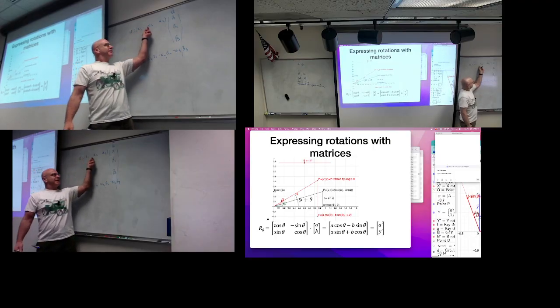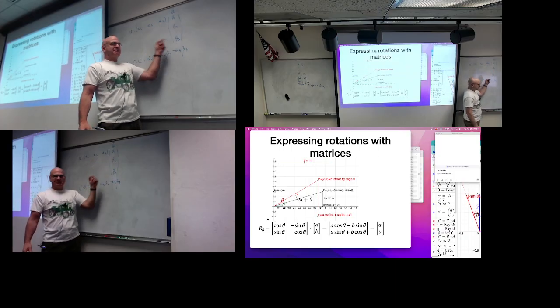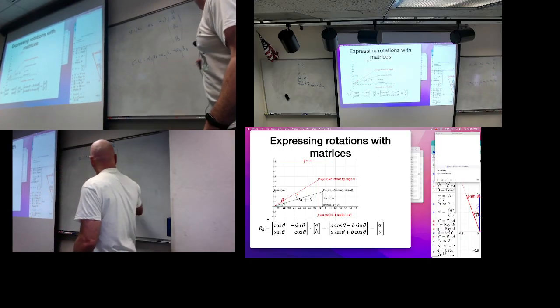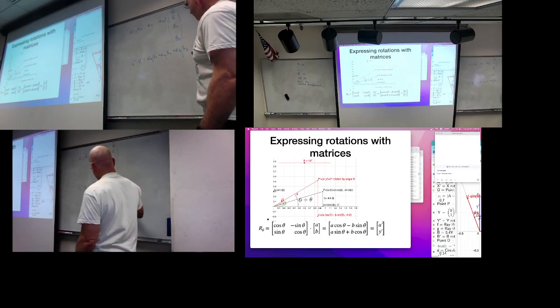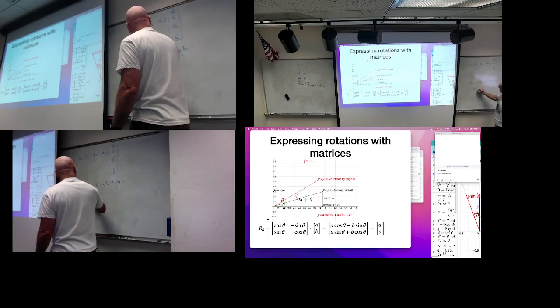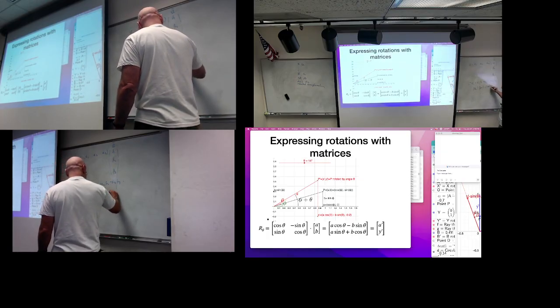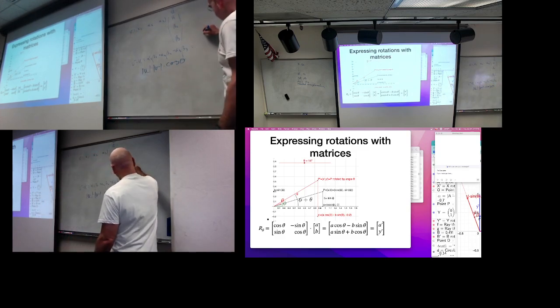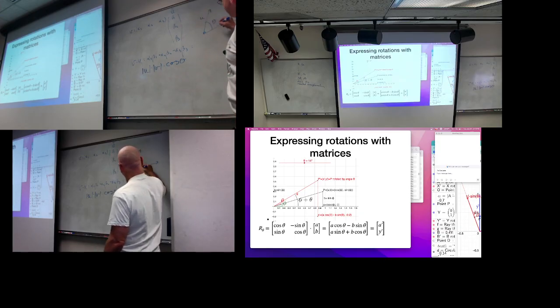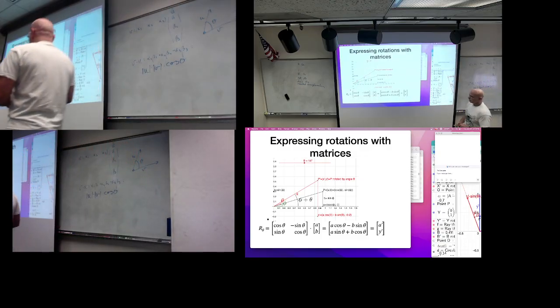Take the first by the first, the second by the second, this times this, plus this times this. And while we are already mentioning it, it has another expression, which is the length of U times the length of V times cosine theta, where theta here is the angle between U and V. Just for all to know.